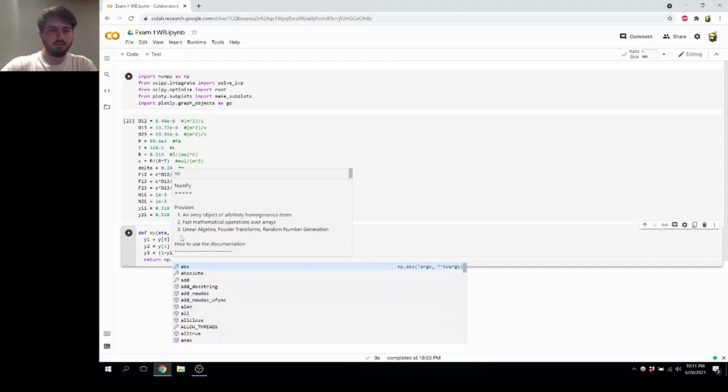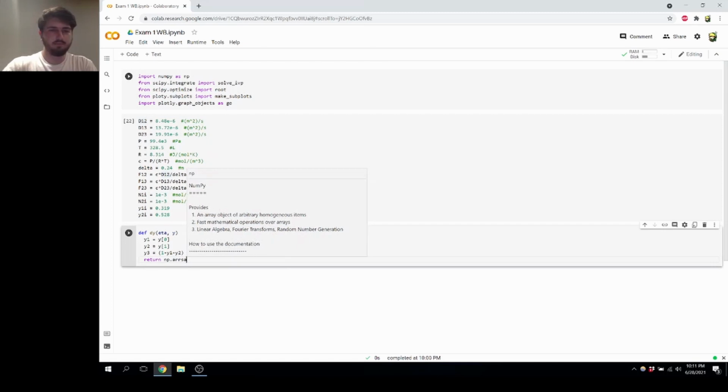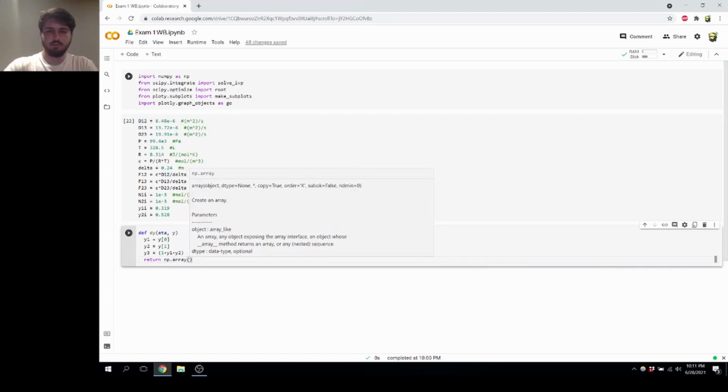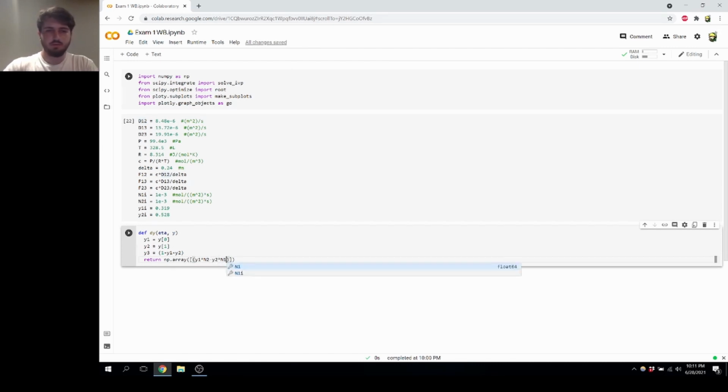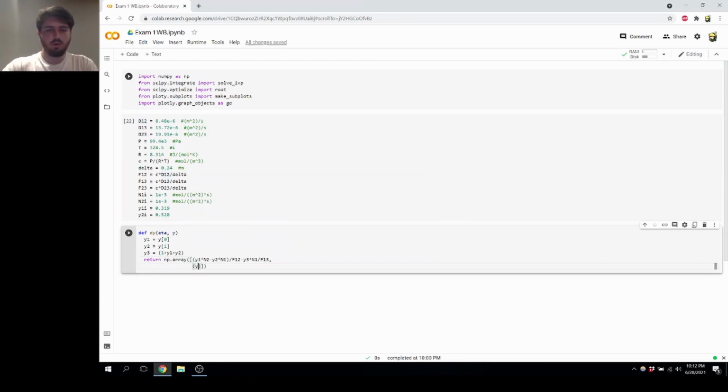So return, and we're going to use numpy for this, np.array, and have it from y1 times n2, and we had this all in the last problem, so f12 minus y3, times n1 over f13, and down here y2 times n1 minus y1 times n2, and that is all over f12 minus y3 times n2 over f23. Got that there.